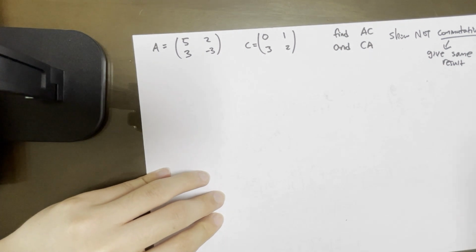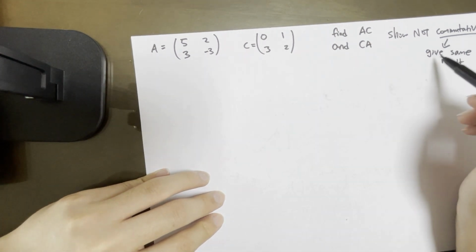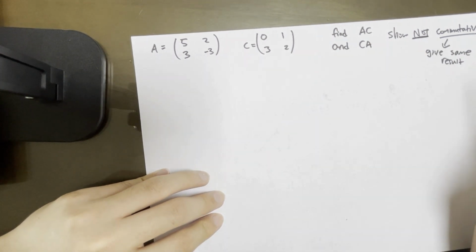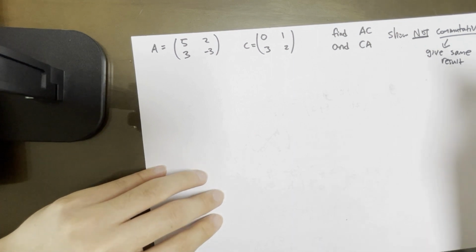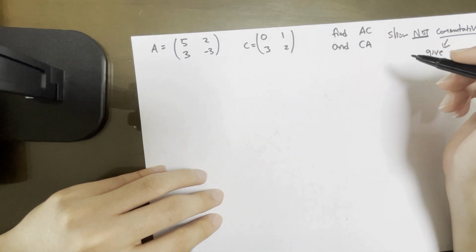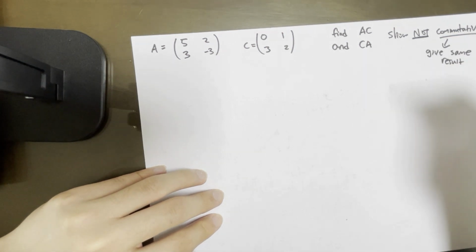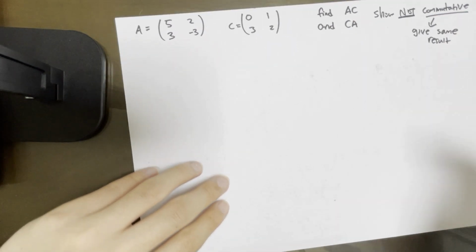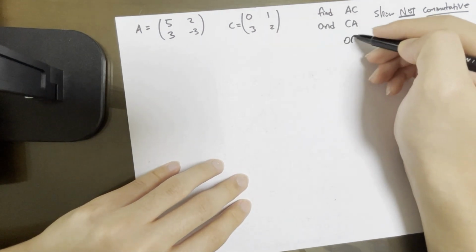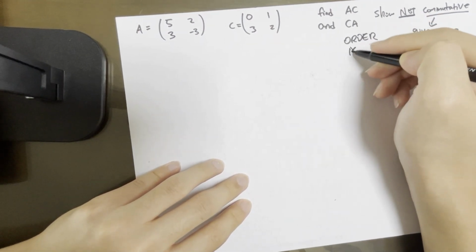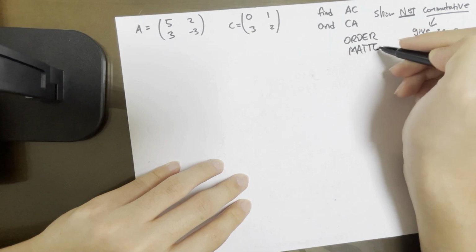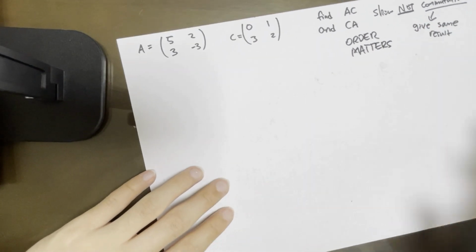We're still multiplying the same things, but in different orders, and we have to show that they do not give the same result. For example, in matrix multiplication, A times B does not give the same answer as B times A. Order for matrices matters. We can't just do it in different orders just like with normal maths.